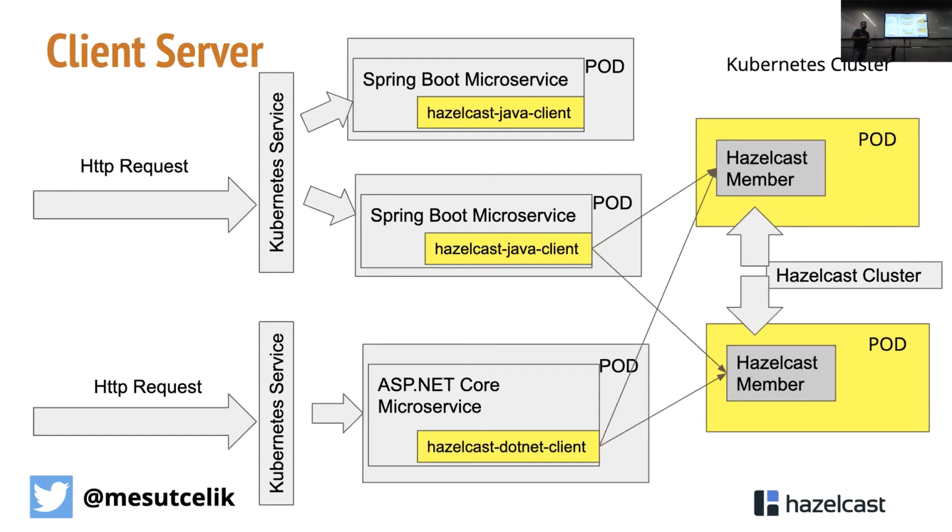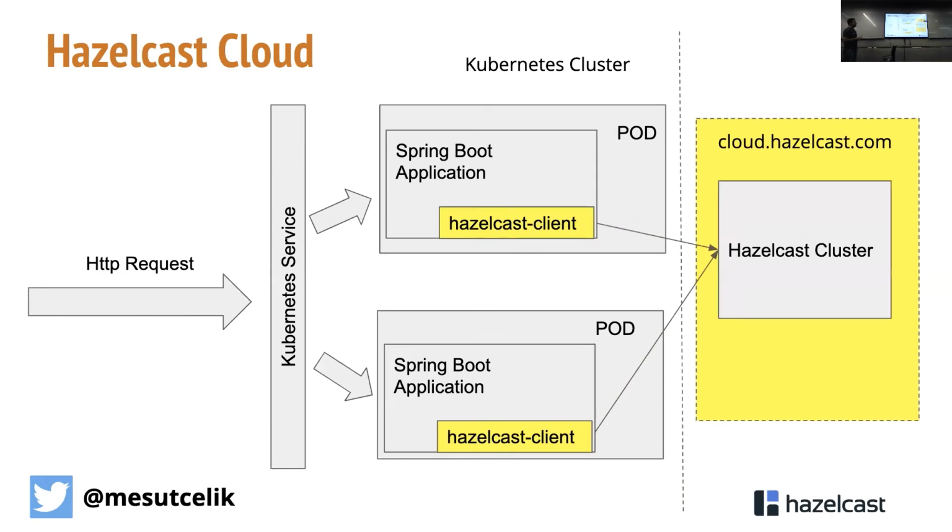As far as I see, some companies just put their stateless workloads on Kubernetes, and all databases and stateful stuff they keep away and put on some VMs. So Hazelcast works in both cases. And there is a third option that you can use, which is Hazelcast Cloud. It's a fully managed service with a pay-as-you-go model.